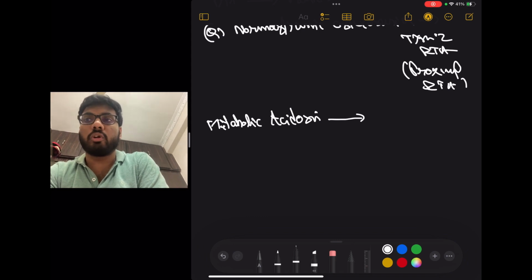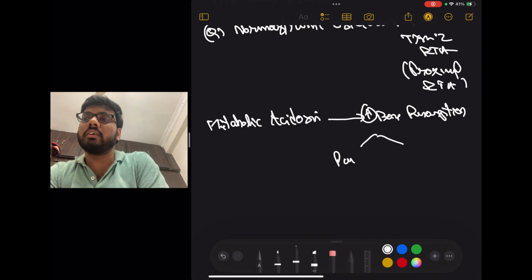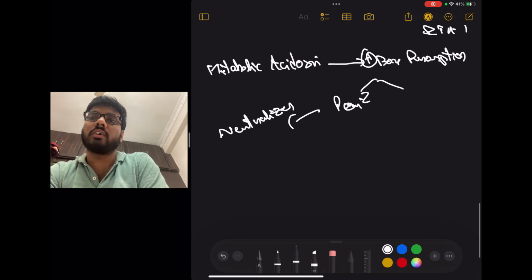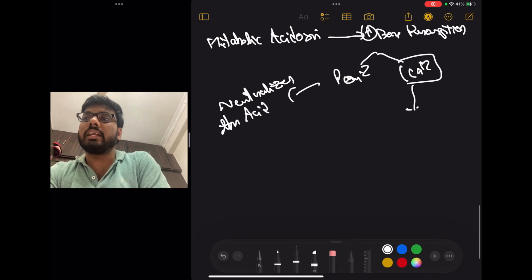The major buffer is our bone, no? So there will be increased bone resorption. Because of this, there will be release of phosphate, which neutralizes the acid, and there is also release of calcium. This calcium is filtered by the kidneys and causes what? Hypercalciuria.